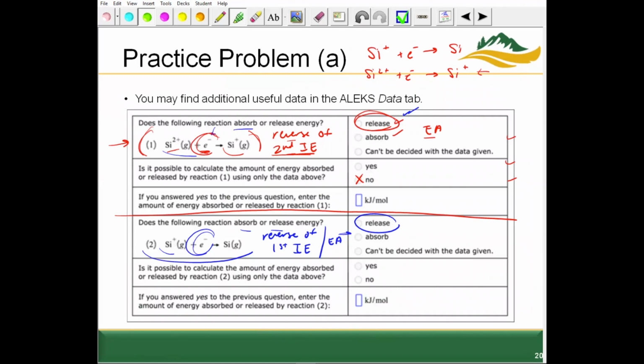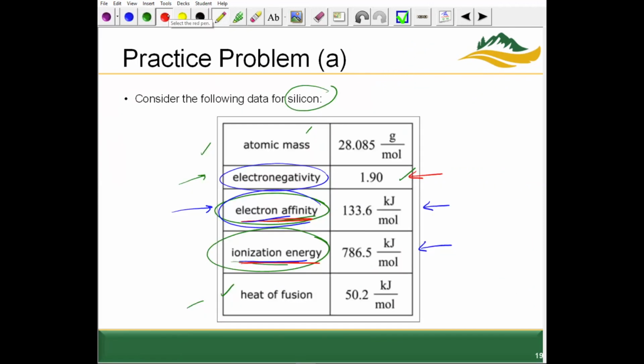Well, no, right? This is already a cation. We're adding an electron to form the neutral form of silicon. That means we don't really have something that describes this electron affinity. What reaction would describe this amount of energy?